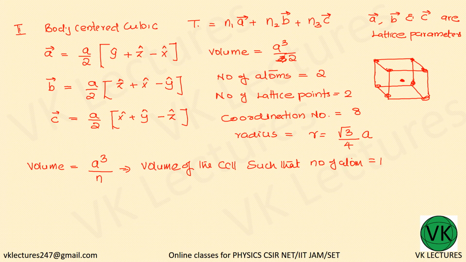That means for one atom, what is the volume occupied? Now a cube is the volume occupied by 2 atoms. Then for one atom it will be a cube by 2, or you can also write it is the volume of the primitive unit cell.